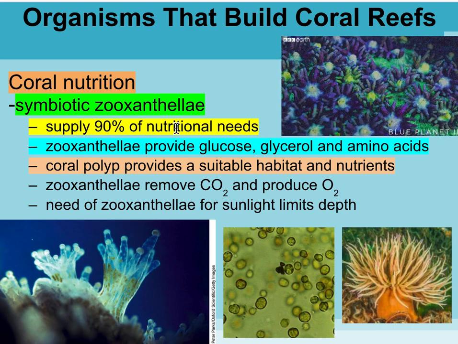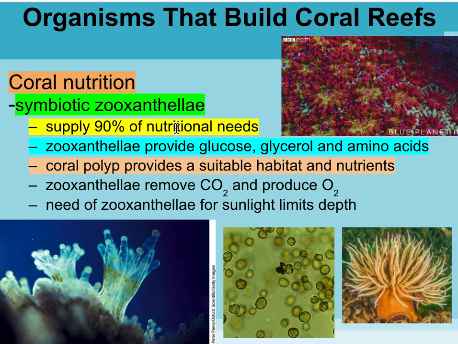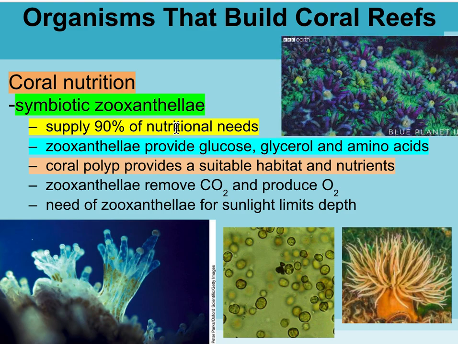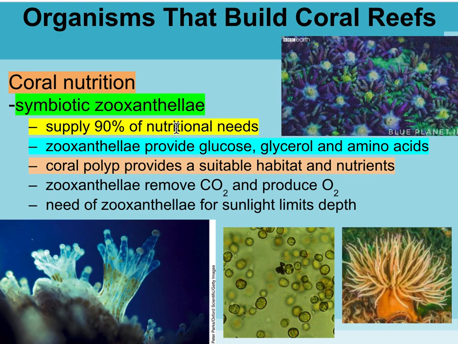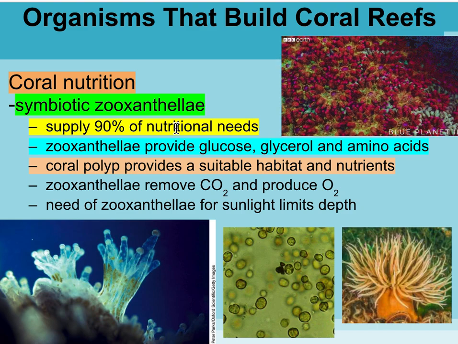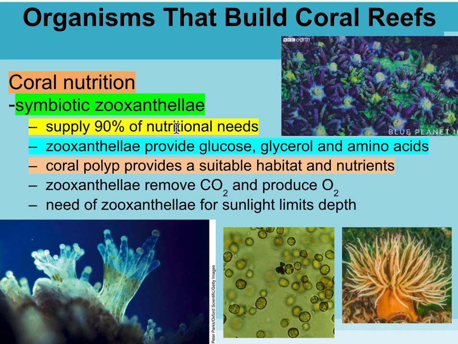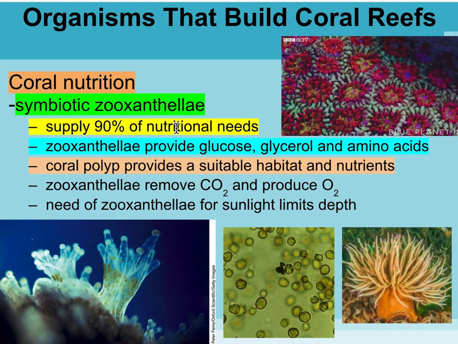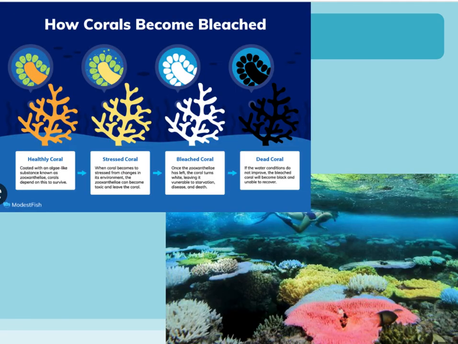But if conditions in the area quickly change and the coral can take on a new zooxanthellae and have that healthy relationship restored, and it can happen before it's too far gone, then yes, it can actually be restored. It's not often that this is happening, but there have been cases of that happening.